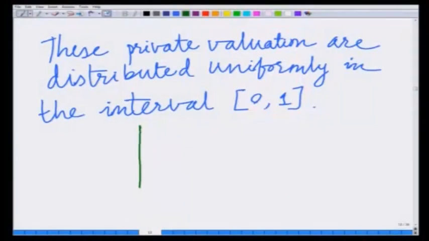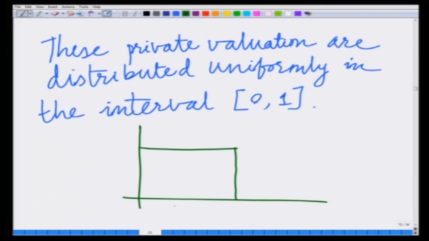That is, the probability density of both V1 and V2 is uniform in the interval 0 to 1. This is what we have already seen.